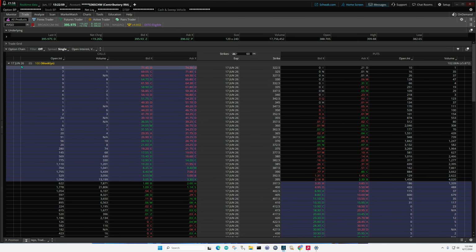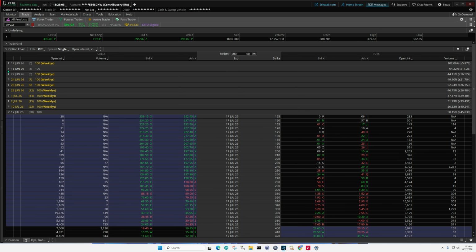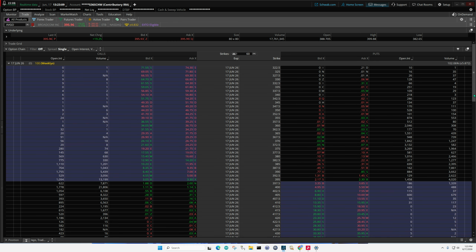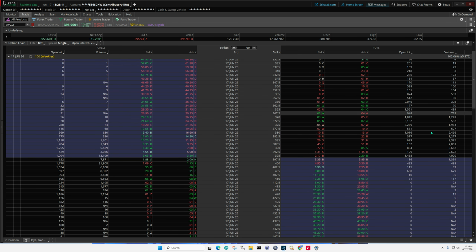So this is the options chain that expires today, but tomorrow's is of more interest to me. Here you can see at the 400 strike on the call side, the open interest at 395 is 1,094 contracts, and at the 400 strike, there's 1,778.